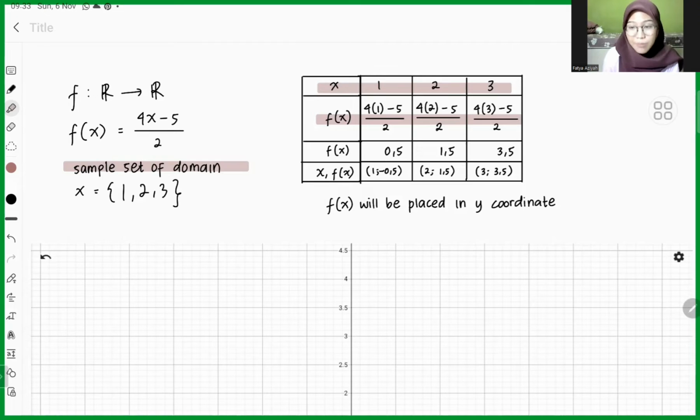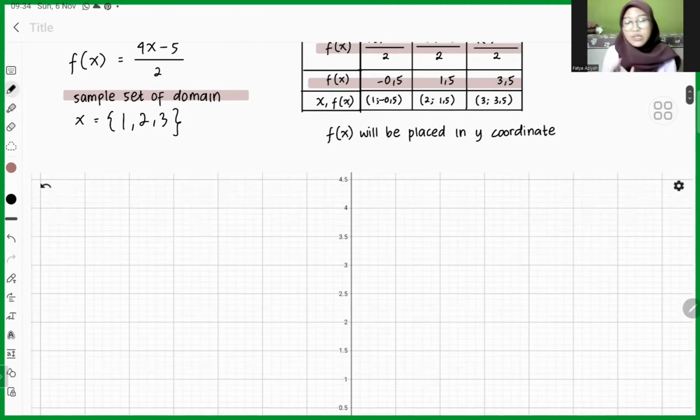This is just a sample of the domain; actually, the domain is the real numbers. Then we find each output. We substitute each element of the domain into the function, and we get this. This is the output. Oh, I'm sorry, this is minus. So this is the output.